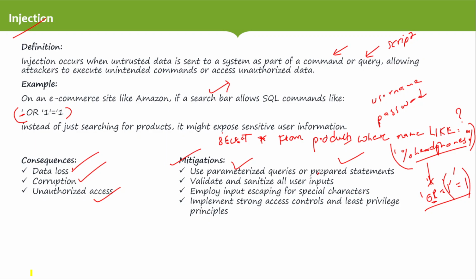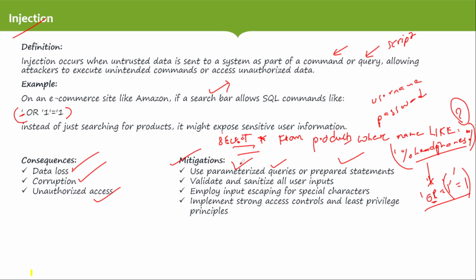The prepared statement takes a parameter, and we give the input after the code is executed. We don't run the input along with the code; we give them separately. For now just take that point. I will cover parameterized queries and prepared statements in detail in a future class.